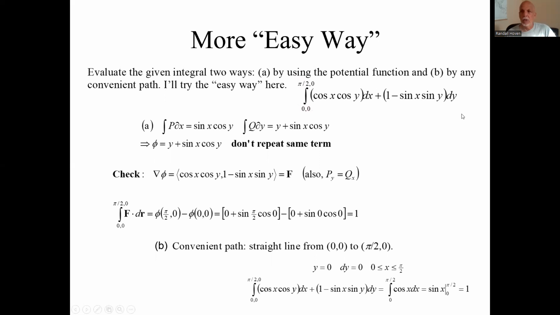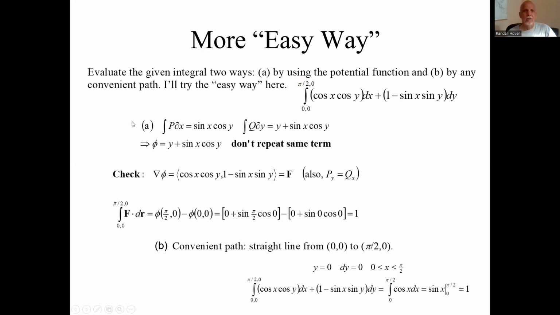So y equals 0 and dy equals 0. I use the substitution method. This whole second term goes away. This y is a 0, so cosine y is just 1. So it's just cosine x dx. x goes from 0 to pi over 2. Take that integral, I get a 1 that way.